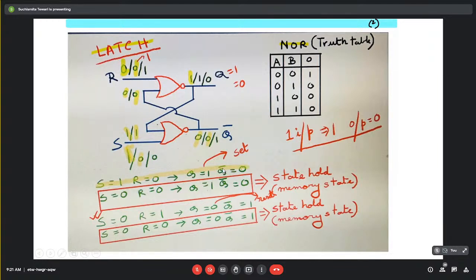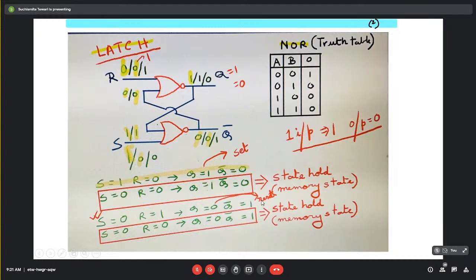So this state S1 R0 corresponds to a set state. That means at the output it is producing a set state. Similarly, when S equal to 0, R equal to 1, the output is achieving a value of 0, but the Q bar or complement of output is achieving a value 1.